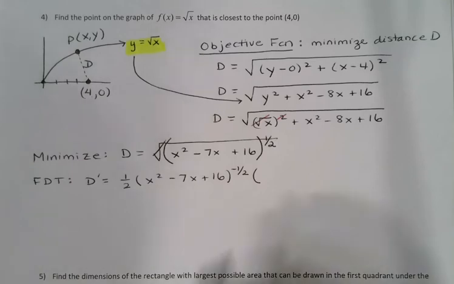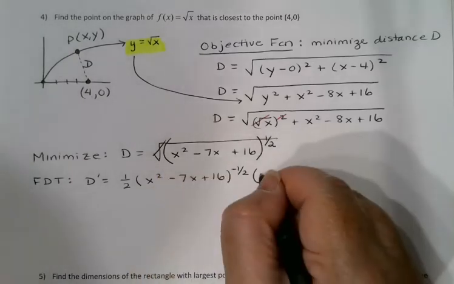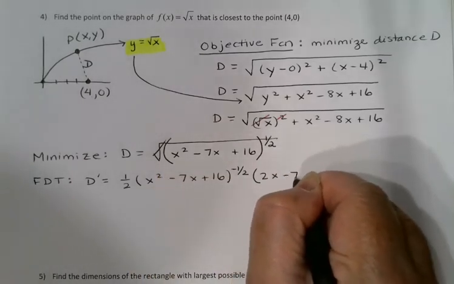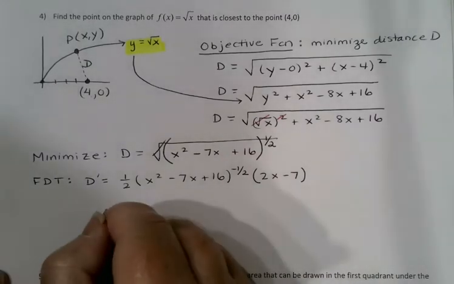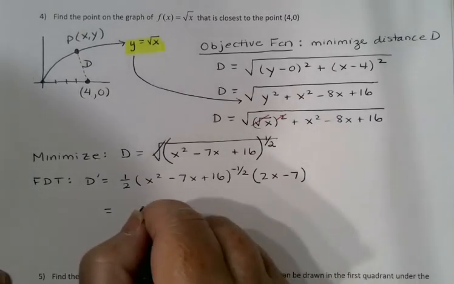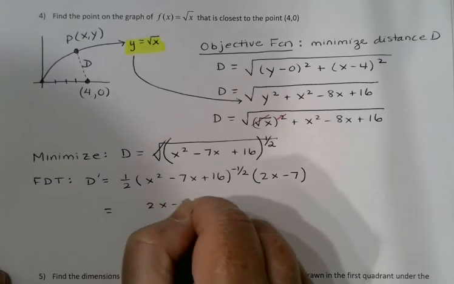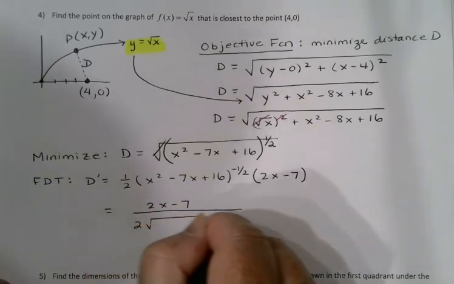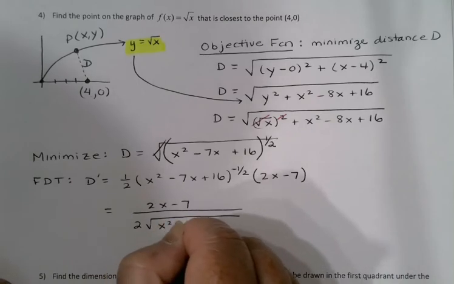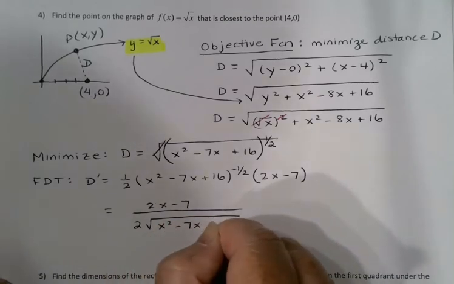And then my chain rule, the derivative of what's inside would be 2x minus 7. So that's really 2x minus 7 on top, and on the bottom 2 times the square root of x squared minus 7x plus 16.